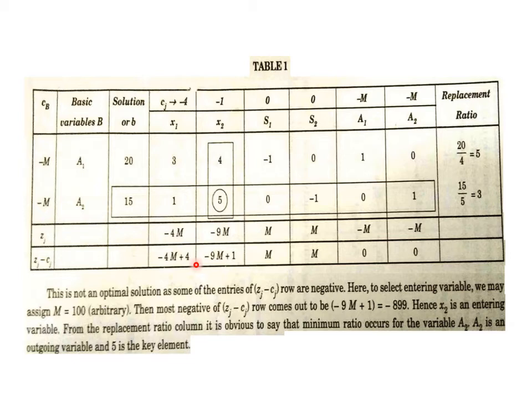Why? Because M is a very big number. Okay, so minus 9M and minus 4M are to be compared there. Plus 4 plus 1 hardly matters. No plus or minus number in comparison of M is to be considered here. And minus 4M and minus 9M, that means minus 9M is obviously most negative. So minus 9M plus 1 is to be considered as most negative for this particular problem.